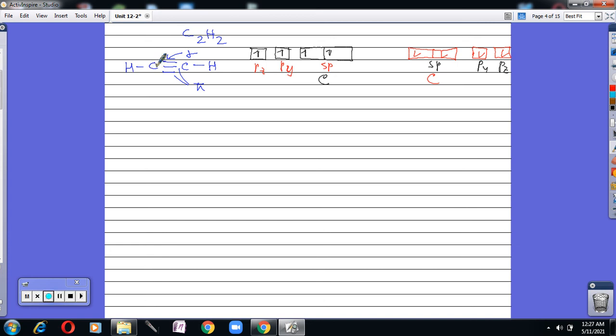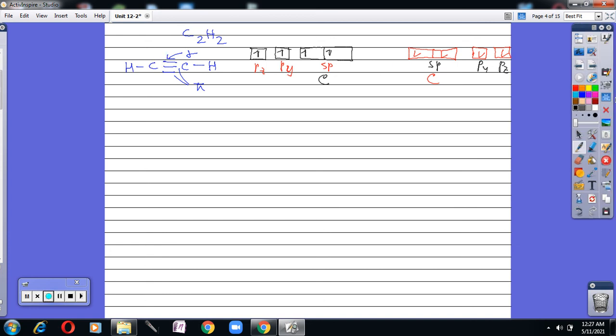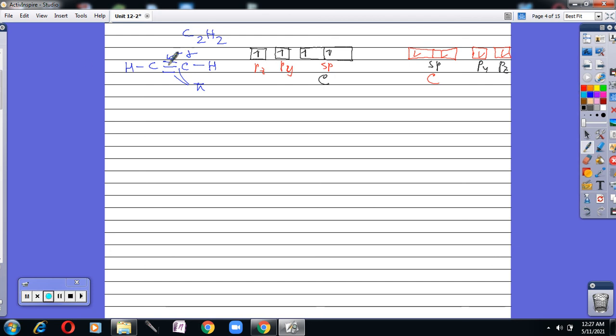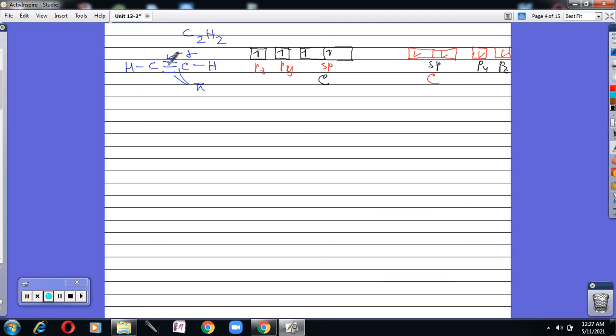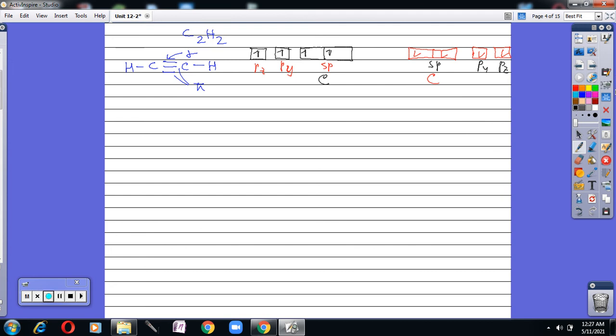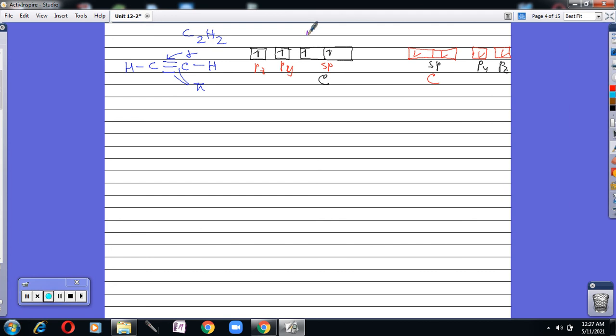From here, there is carbon having tetravalency, and out of four valency, one bond is formed with one hydrogen. So here is one hydrogen which is giving another electron in a different direction, right?